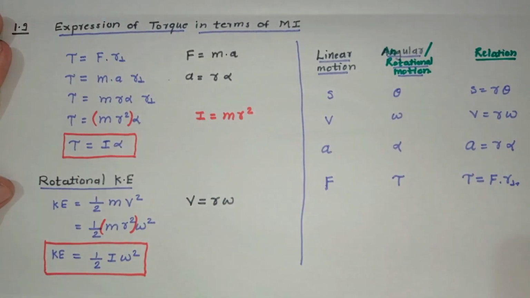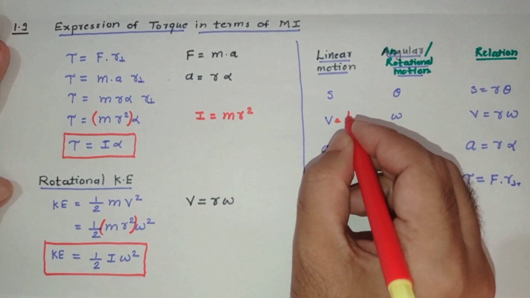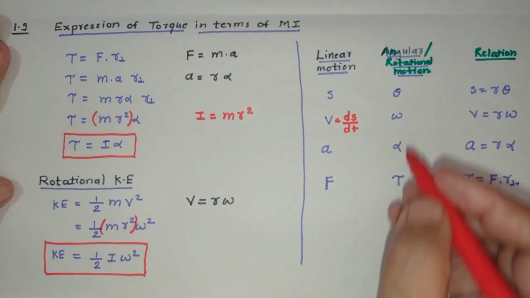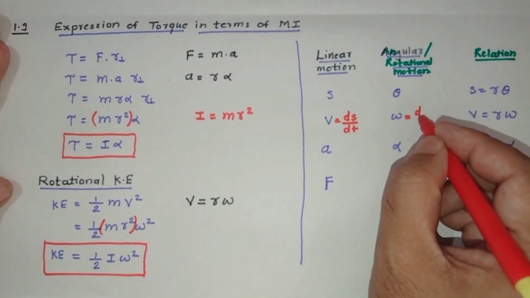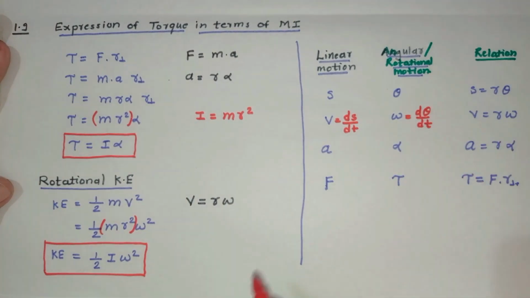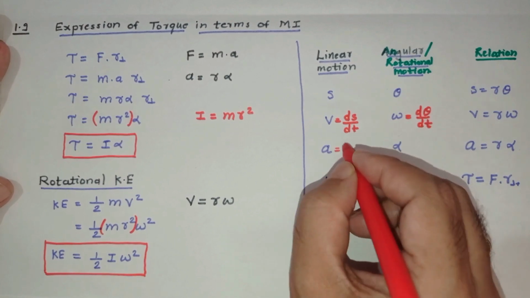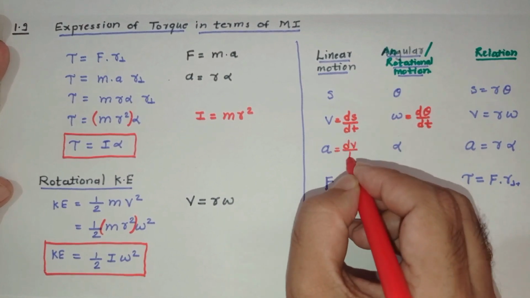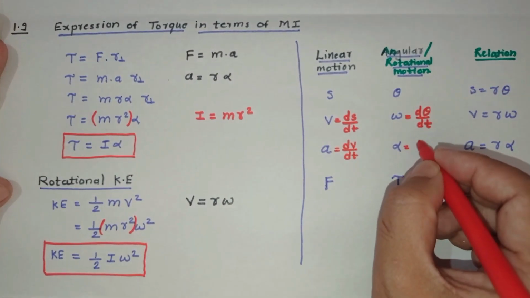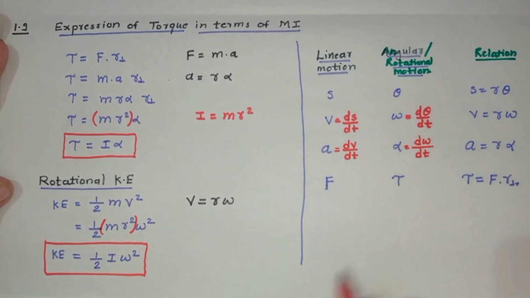So how do we find linear velocity? Linear velocity is ds by dt. Angular velocity is d theta by dt. Linear acceleration is dv by dt. Angular acceleration is d omega by dt.